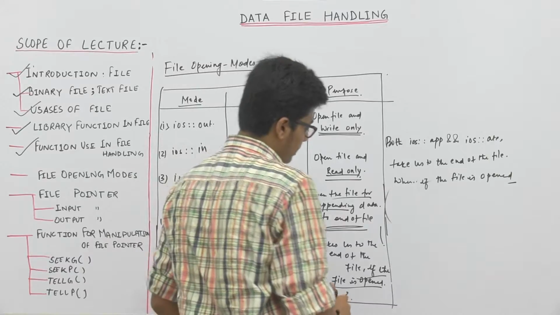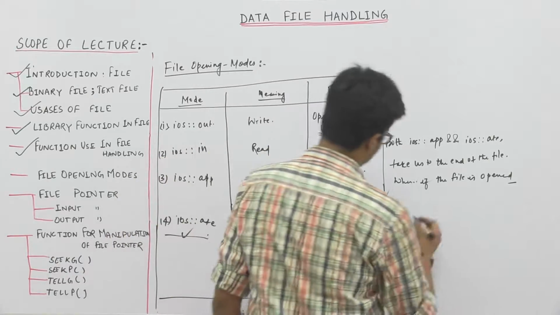The difference between the two parameters is that ios::app allows us to add data to the end of the file only.